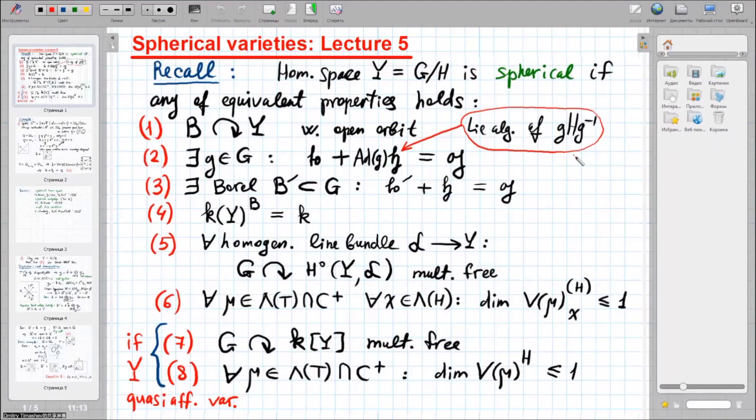Condition 1 is about the action of B, but it is important to have the action of a bigger reductive group G to construct a nice theory for such homogeneous spaces.